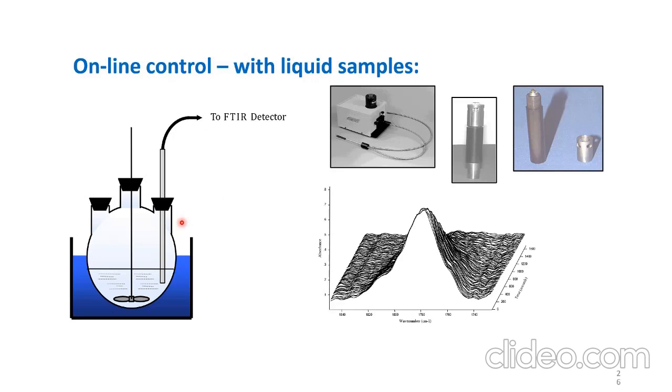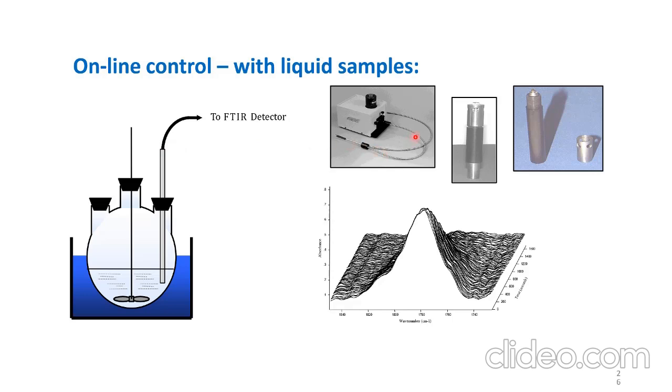Then there are certain state of the art modifications of the FTIR. This setup has a three-neck beaker, and on one side we have the FTIR detector connected with an optical fiber.